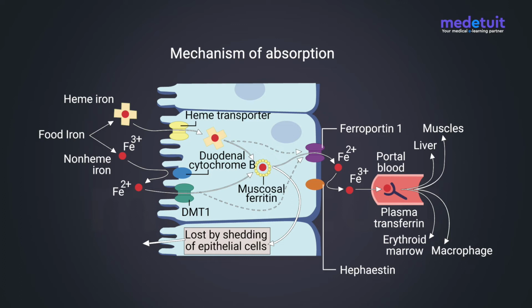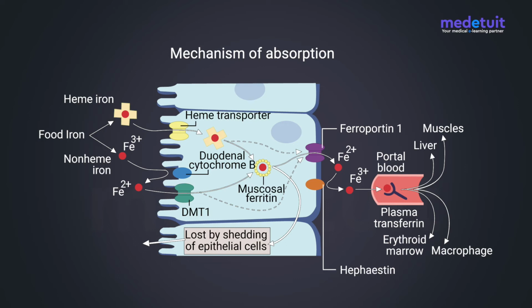The heme iron is transported through the heme transporter of the brush border of mucosal cells. The non-heme iron is in the Fe3+ state, which is the ferric state, which has to be first converted to Fe2+, which is the ferrous state. And this is done by the duodenal cytochrome B of brush border. The ferrous is taken through a specified channel known as the DMT1.